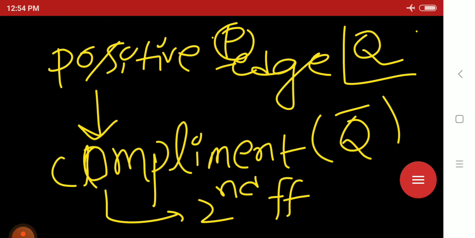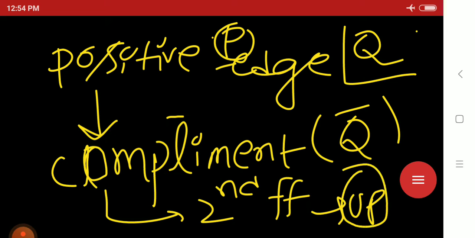P for positive edge triggering, C for complement, U for up counter. It is a trick to remember. For positive edge triggering, if the complement is connected to the second flip-flop, then it will be an up counter. And positive edge triggering means if clock is given 1, then the flip-flop is on, and if clock is given 0, then the flip-flop will be off.